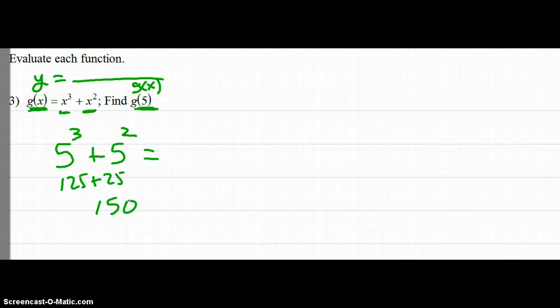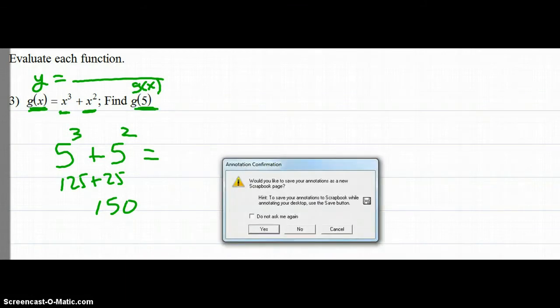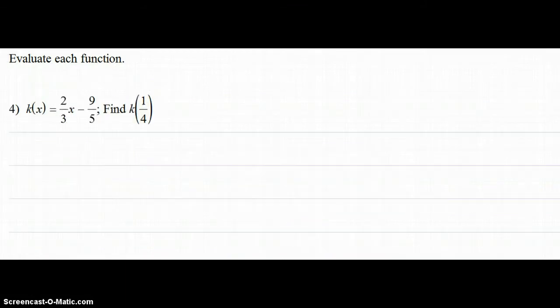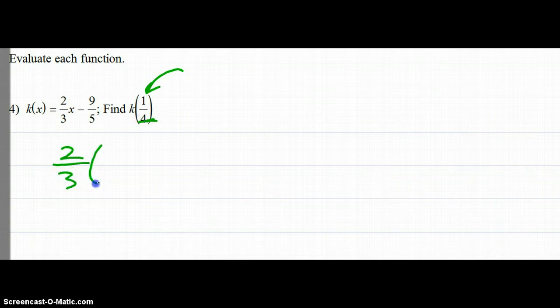And that's function notation. Now it is a little trickier when the inside of the parentheses might be a fraction or it might be a decimal. If it's a fraction, what I would do is just change it to a decimal. And we know that a quarter is 0.25, and then just punch it out.